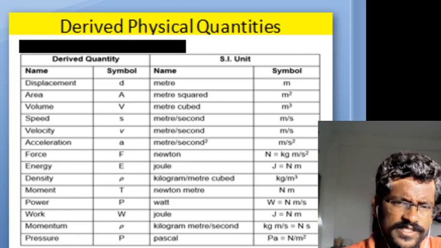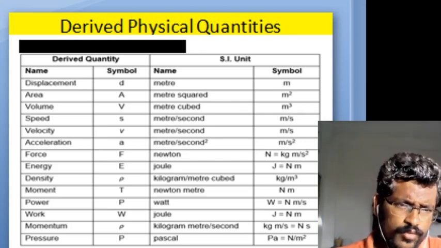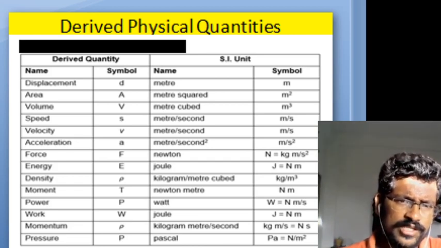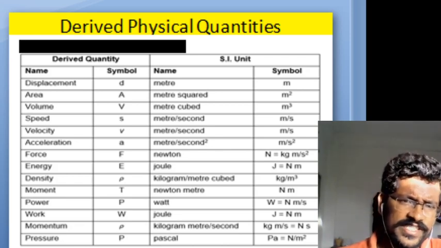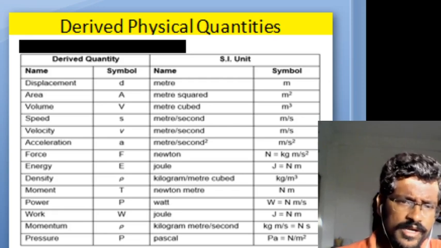Acceleration is meter per second square. Kg meter per second square is the SI unit of force, denoted by newtons. Totally the SI units of the force is newton. The CGS units of the force is dynes. 1 newton equal to 10 power 5 dynes.